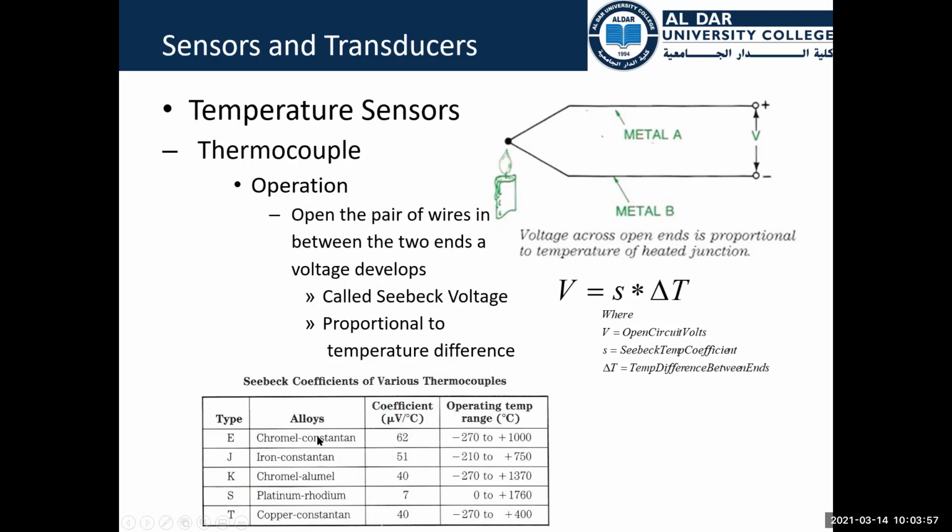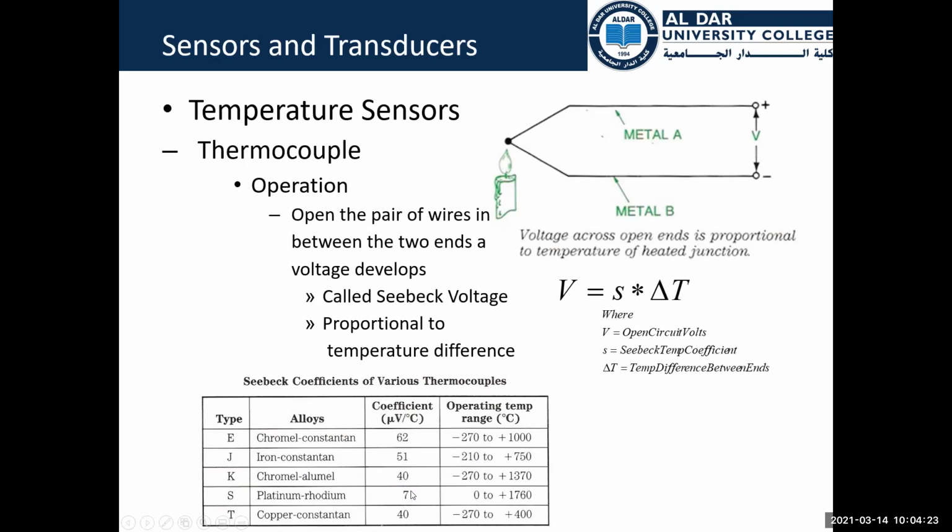For example, if you see this table, you can see that we have different types of alloys, and the coefficient is different from one to another. For example, in the iron constantan, we have 51, and for the platinum rhodium, we have 7. So they are totally different.